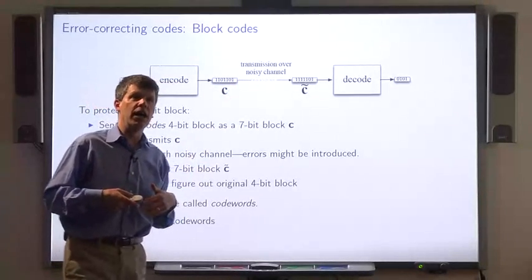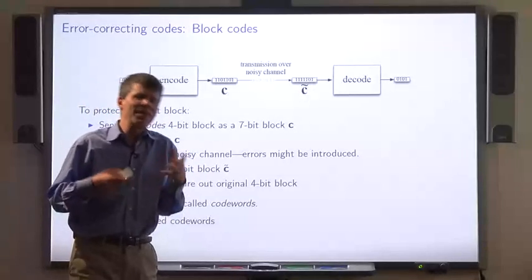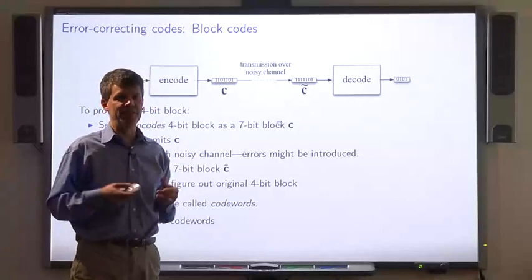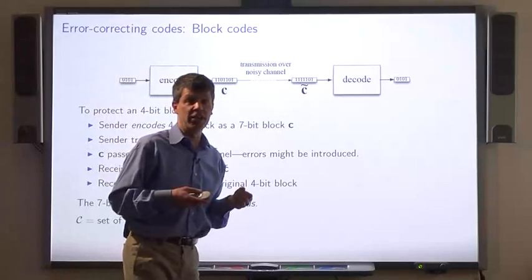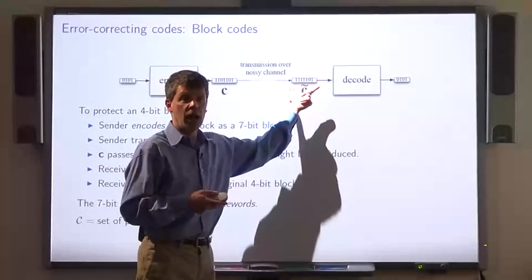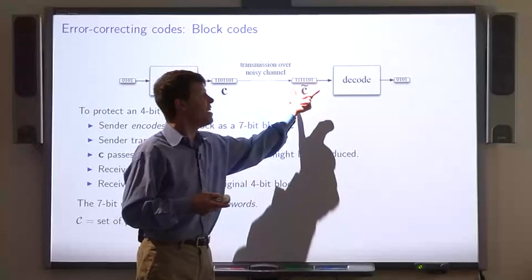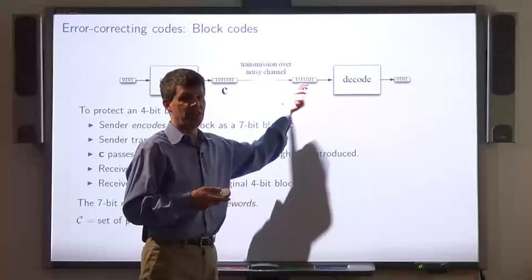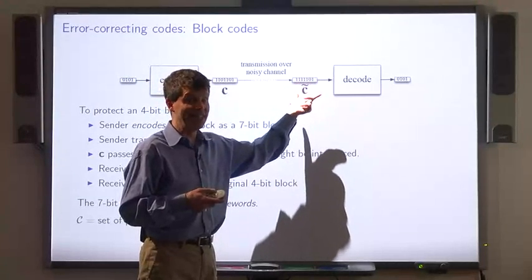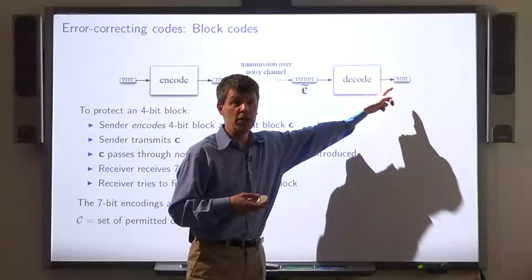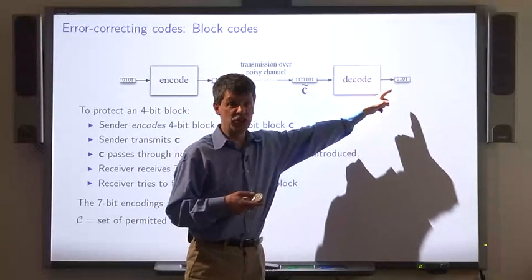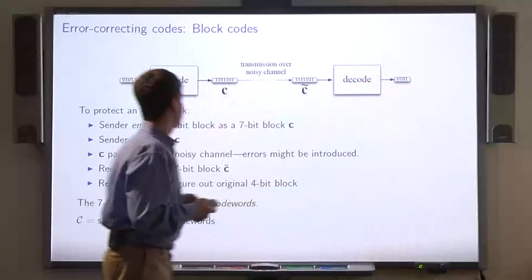This is a channel that sometimes introduces errors during transmission. At the other end of the noisy channel, a 7-bit block is received that might differ from the block that's injected into the channel. And then that's decoded, hopefully to obtain the original 4 bits that was transmitted.